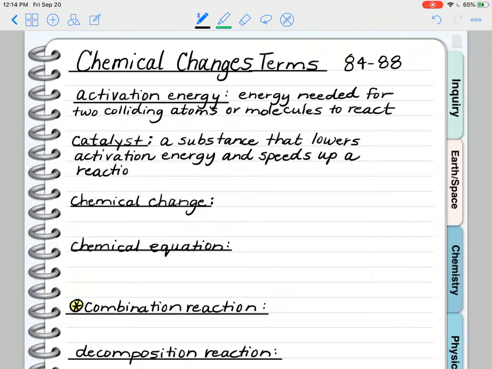We're going to look at examples of these, so I'm just giving you the definitions for the moment.